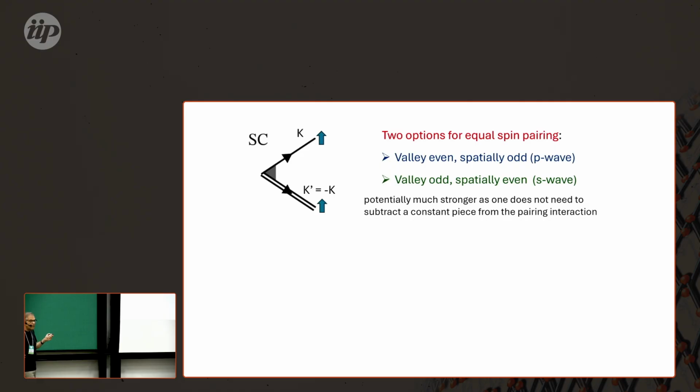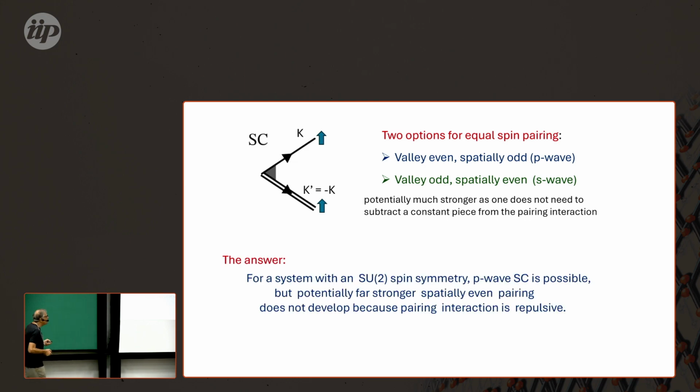That's also a possibility. And that state, in terms of counting on spatial order parameters, like S wave, has a constant gap. And because you don't need to cancel out a constant, this is a much better possibility if it's realized. So let me look into this possibility, namely the state which will be odd with respect to valleys, but even with respect to momentum change.